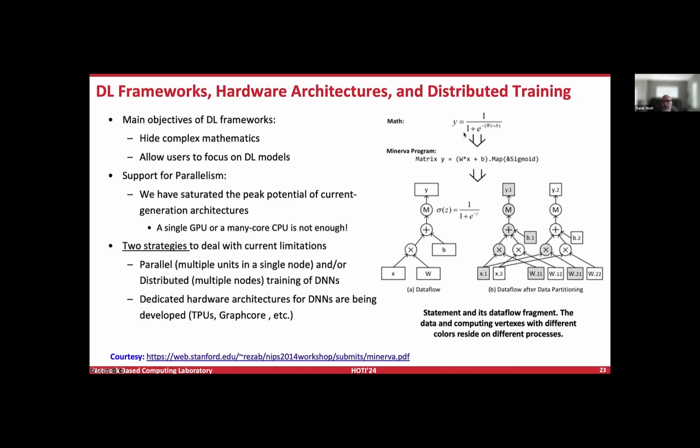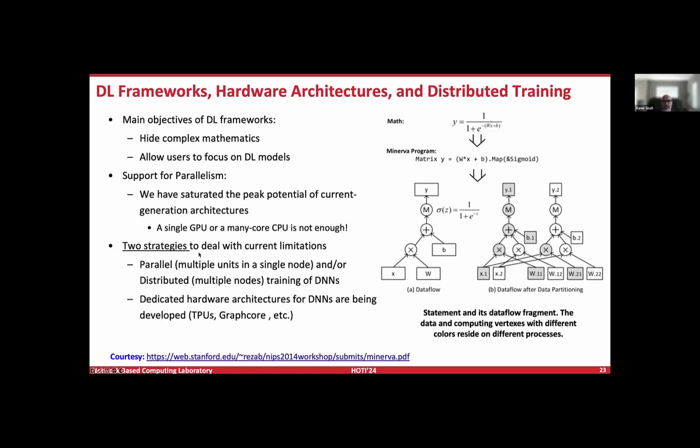If we write a primitive Minerva program, which is an old programming language used to solve these kinds of problems, this is what the code maps to. If we try to understand how the data is flowing, people study data flows, and also data flows after doing data partitioning. But we want application developers to just focus on their particular application, not go into the details of these.